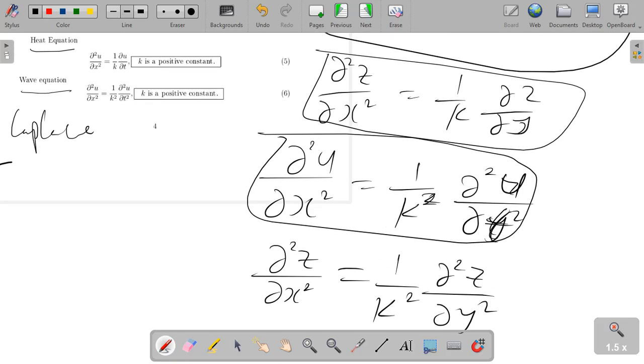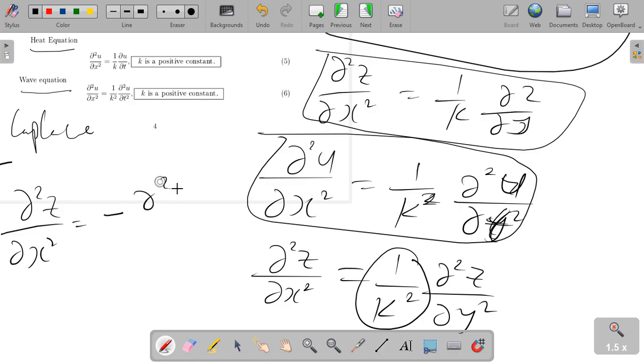Remember, we start from heat. From the heat, you get the wave. From the wave, you now go to Laplace. The Laplace equation is very simple. How do we write it? The difference is that everything is going to be squared, but the constant will not be there. So the Laplace equation says partial squared z over partial x squared is equal to just partial squared z over partial y squared.